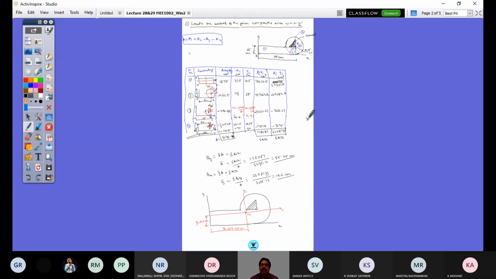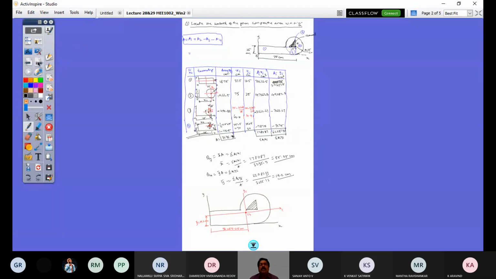So the summation of first moments about the x-axis for this composite area, and similarly about the y-axis, is what is going to help you to get your x bar and y bar respectively. That's what we were doing in this problem.